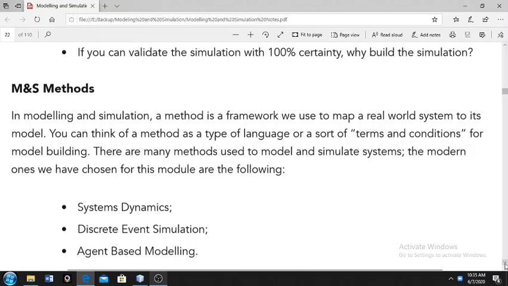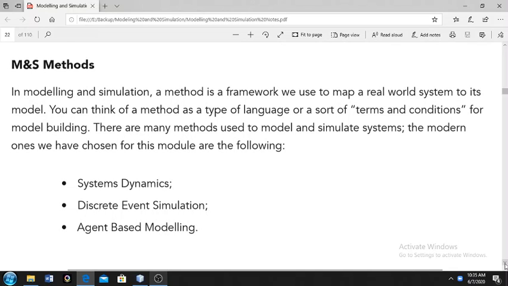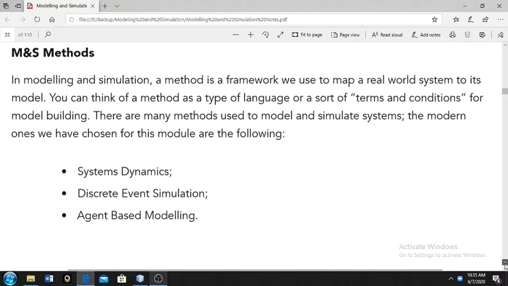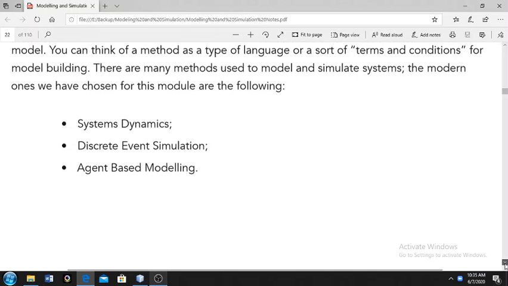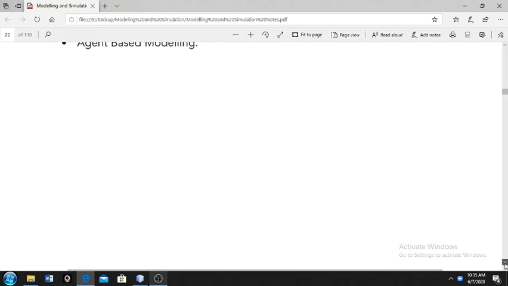You can think of a method as a type of language or a sort of terms and conditions for model building. There are many methods used to model and simulate systems. The modern ones we have chosen are system dynamics, discrete event simulation, and agent-based modeling. So we are going to cover these three modeling methods.